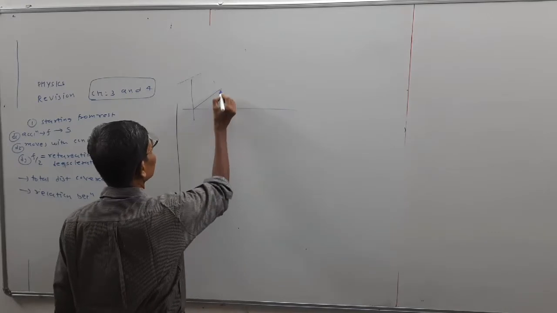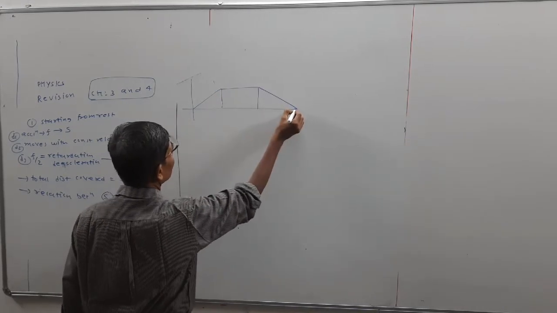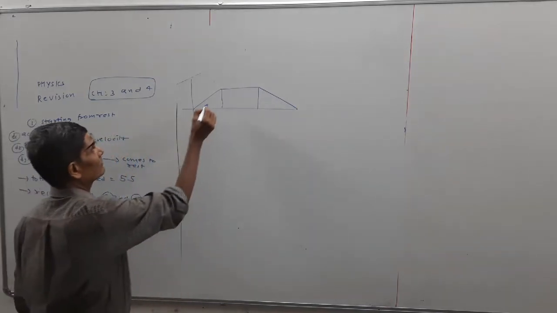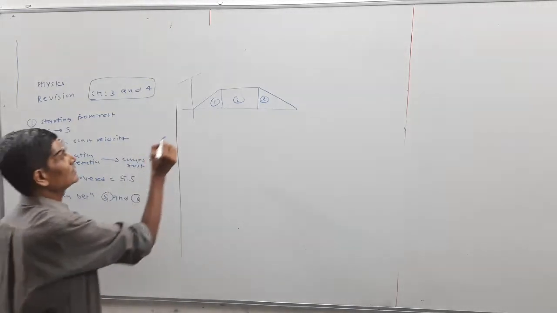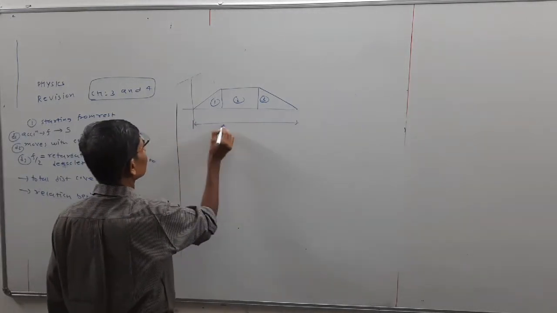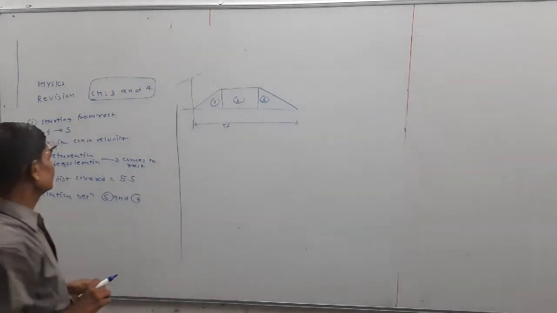First it is accelerated motion, then motion with a constant velocity, then retarded motion. This is part 1, part 2 and part 3. The total distance is 5s. We also know that the area of the velocity graph is the displacement.